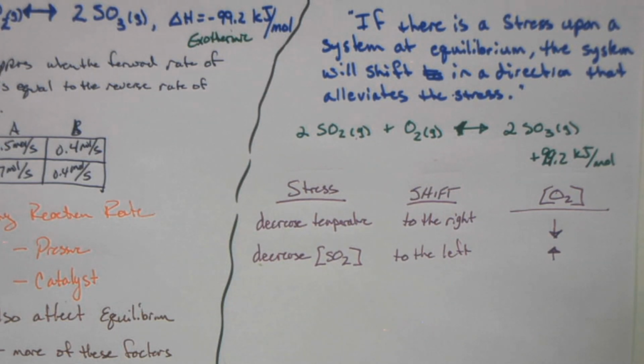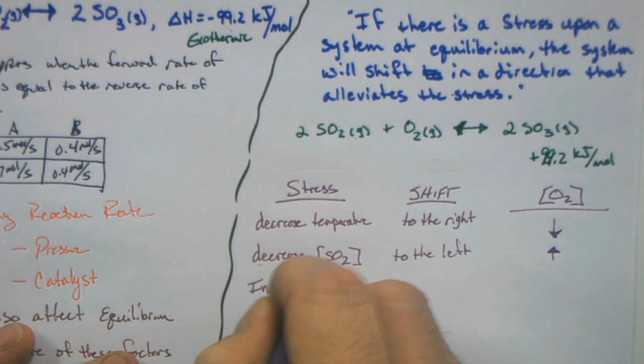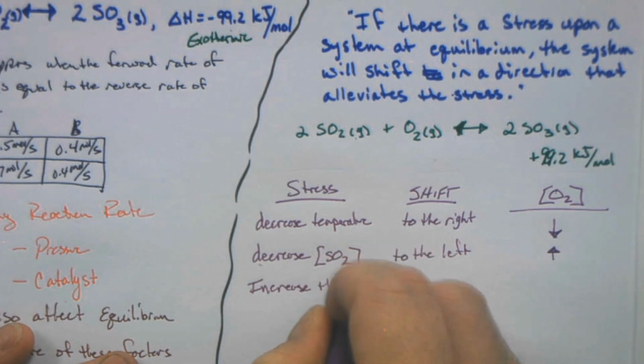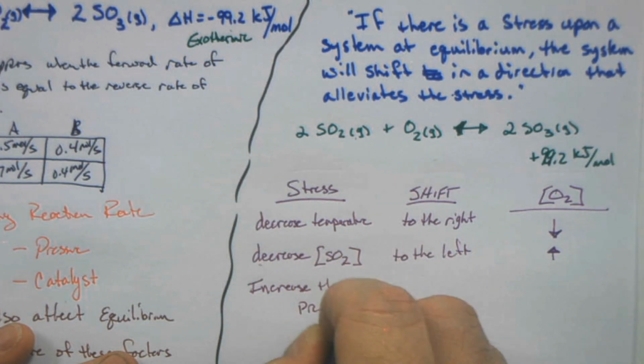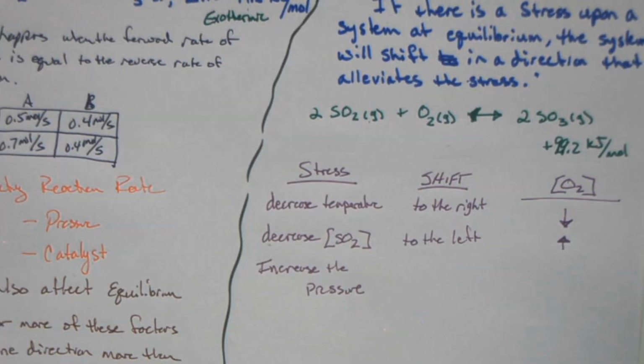Here's the tough one. This is probably the hardest one to understand. If we increase the pressure on the system, this whole thing is happening in an enclosed container. If we increase the pressure in the container, which way are we going to shift? Ooh. Okay.